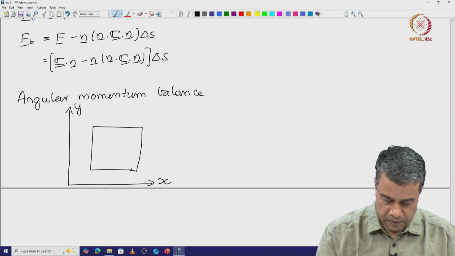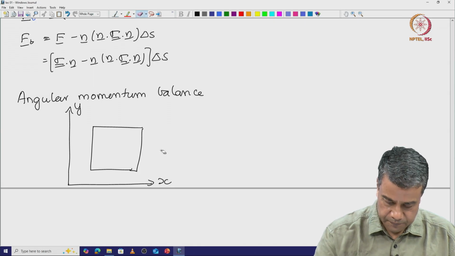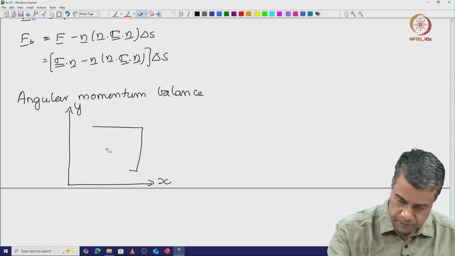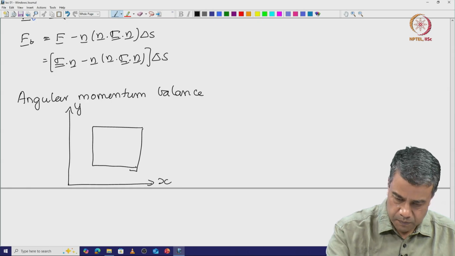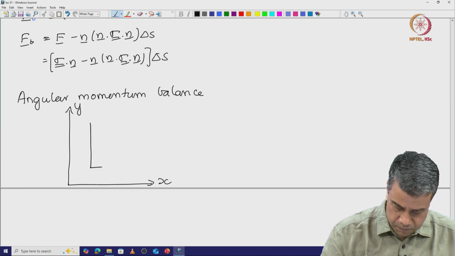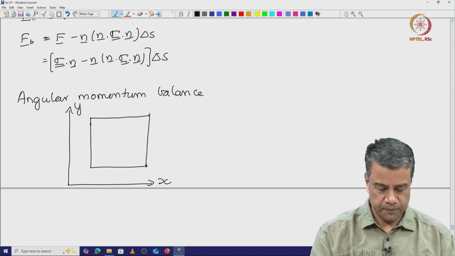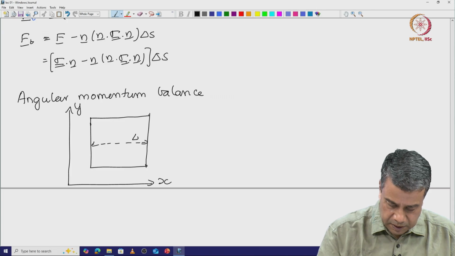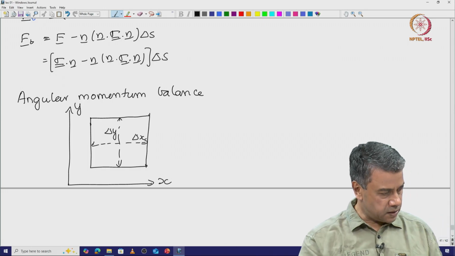So, let us take a differential volume of length delta x in the x direction and height delta y in the y direction.